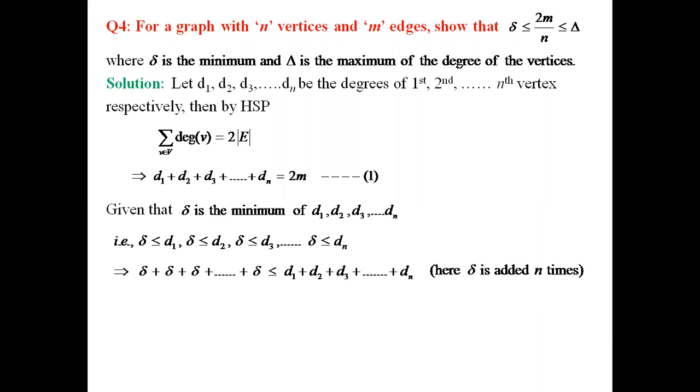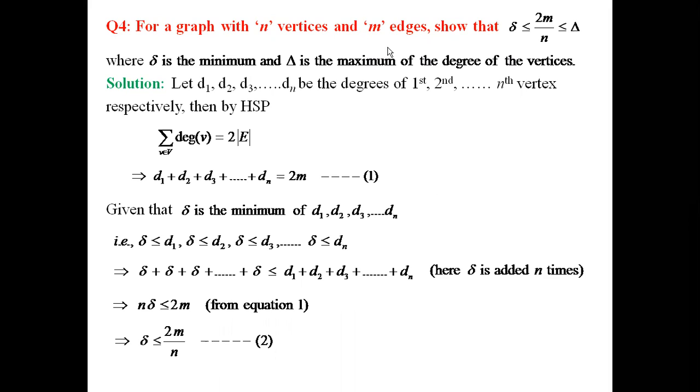So small delta added n times gives us n into delta in the LHS part, and this is less than or equal to d1 plus d2 plus d3 up to dn, which by the handshaking property is equal to 2m. Using equation 1, we have this RHS sum d1 to dn equal to 2 into m. So simplifying this, we obtain small delta is less than or equal to 2m divided by n. Let us call this equation 2.